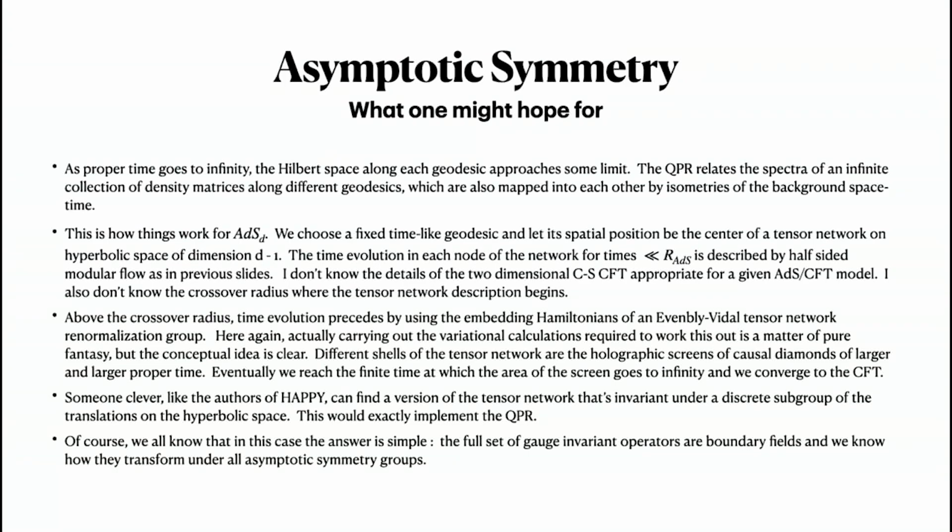So asymptotic symmetries are what one might hope for, and what we basically know is true in asymptotically anti-de Sitter spacetime. As proper time goes to infinity, we get one Hilbert space along a geodesic.